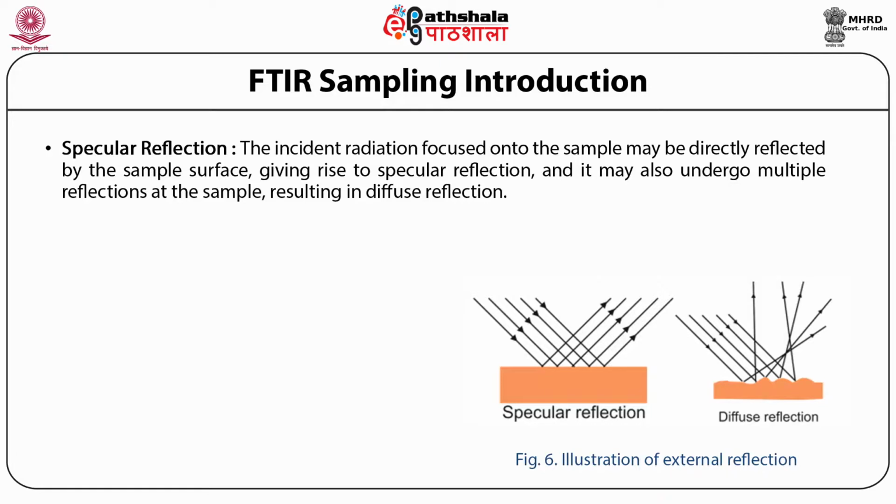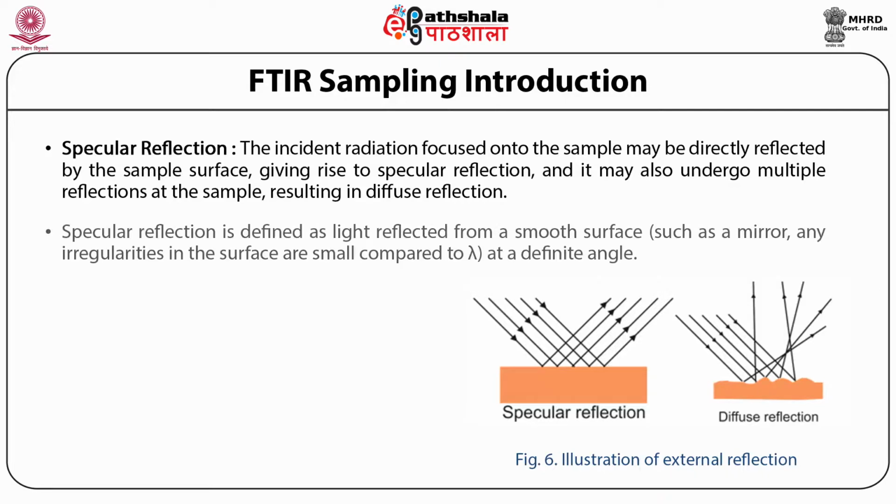In external reflectance techniques, the radiation reflected from a surface is evaluated. So, specular reflection is defined as the light reflected from a smooth surface, such as a mirror. Any irregularities in the surface are small compared to lambda at a definite angle.